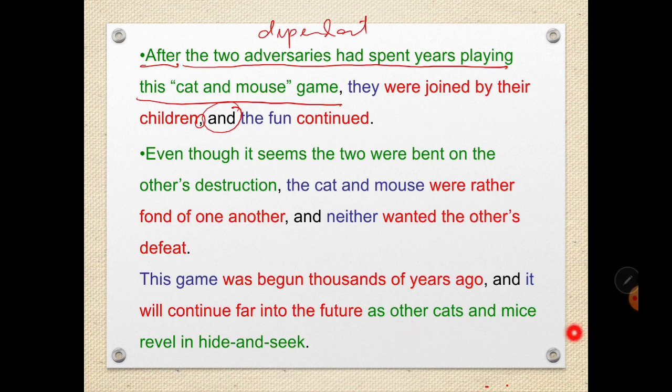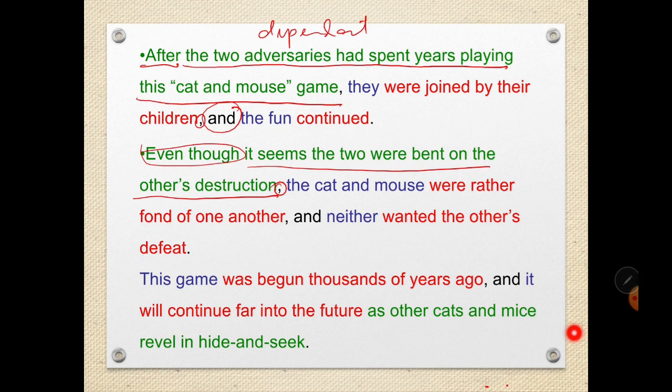Even though it seems the two were bent on the other's destruction, comma. Even though is a subordinating conjunction, so it means that the part starting from it until destruction is basically the dependent clause, right?